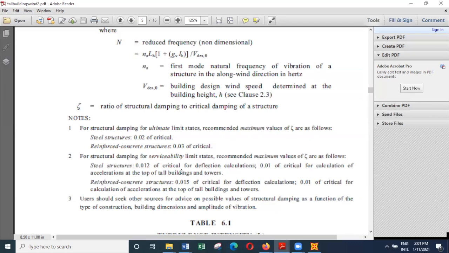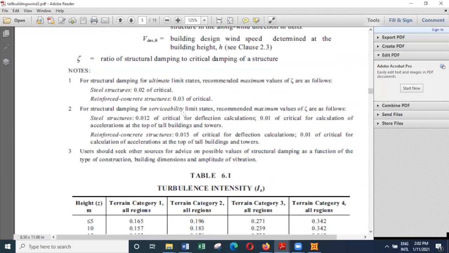But under service conditions, the structure is cracked to a lesser extent, so because of that, the damping is also low under lower wind speeds. When looking at serviceability conditions, we generally consider lower damping values, whereas when considering the ultimate effects, we consider higher damping values. I'll show you how to select the correct ones when we do the example.